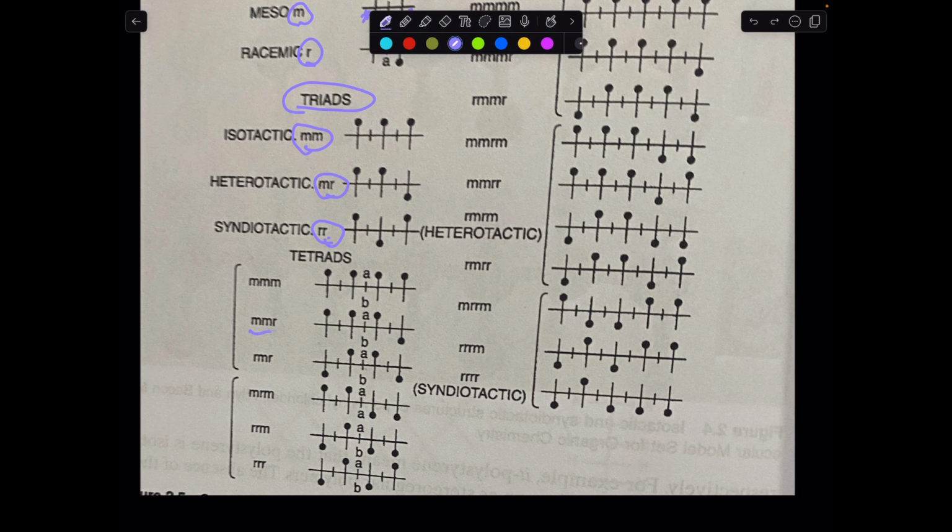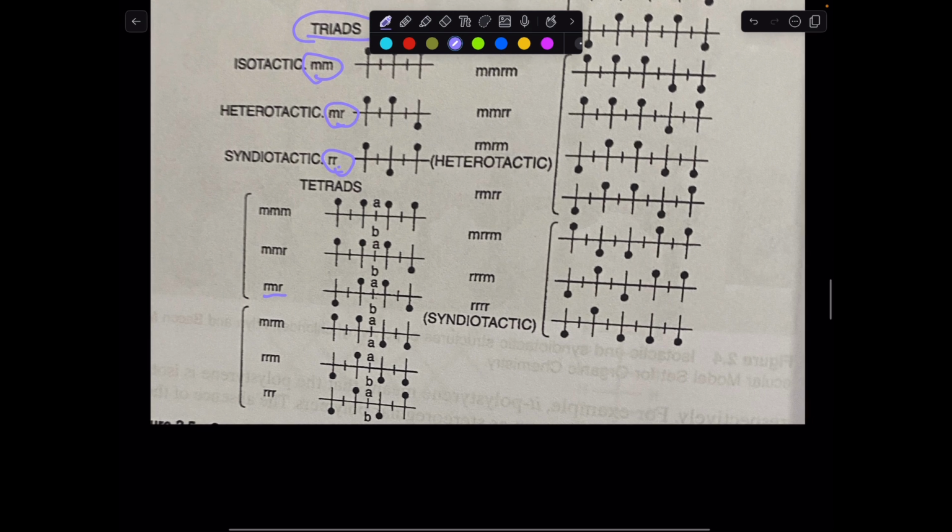When you come to MMR, let's look at the methylene hydrogens. The methylene hydrogens are again different. Similarly for RMR. When we come to MRM, we see that the two methylene hydrogens are in the same environment. This A is in between one of this kind and one of this kind, and this A is also in between one of this kind and one of this kind.